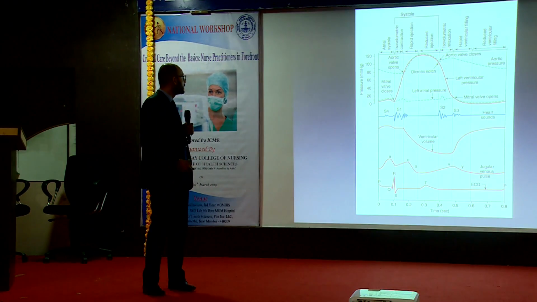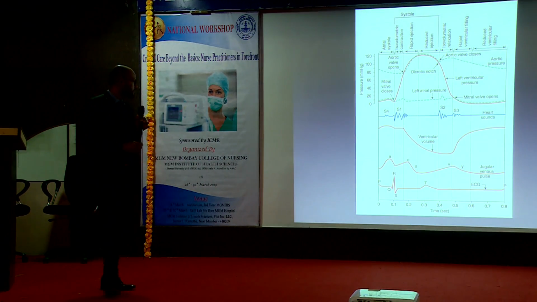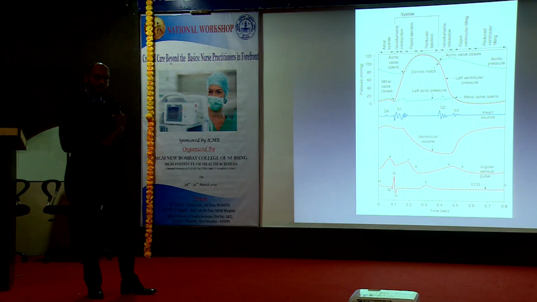Now, this looks like a very busy slide. You don't have to sit and memorize all of this. I just want you to see the relation of the jugular venous pulse, A, C, V, X, Y, to the cardiac cycle and to the heart sounds. S1 is when the tricuspid valves close. You're aware of that, right?